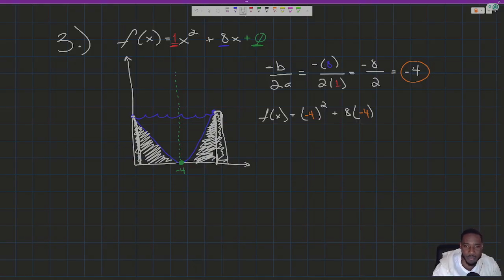Once we have that, we just simplify. -4 squared is positive 16, and 8 times -4 is negative 32. After we subtract those two, we end up with f of -4, that's going to equal -16. So our input was -4, our output was -16, and so our vertex for this pool is going to be at (-4, -16).